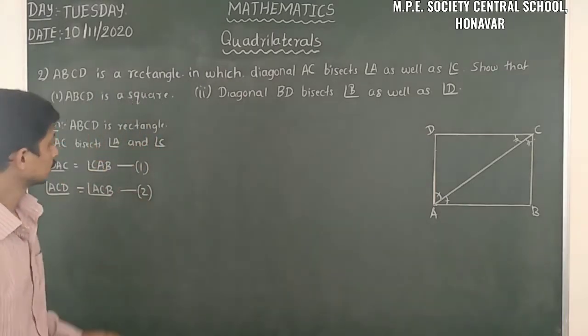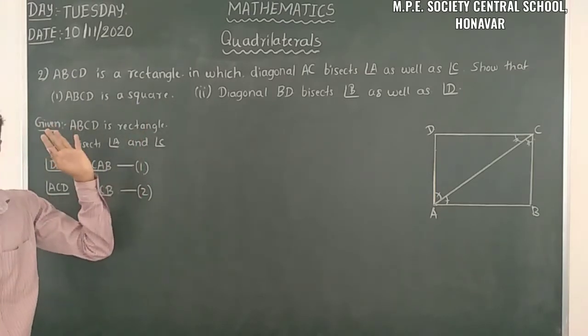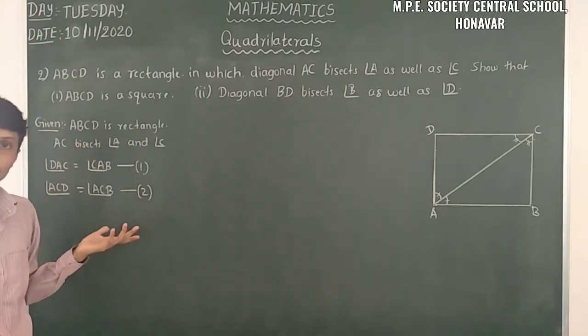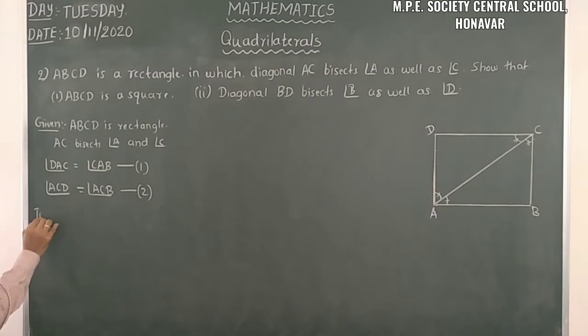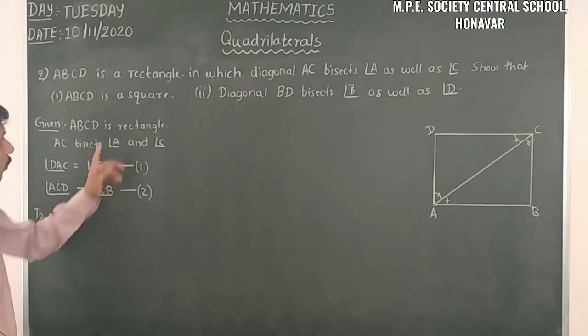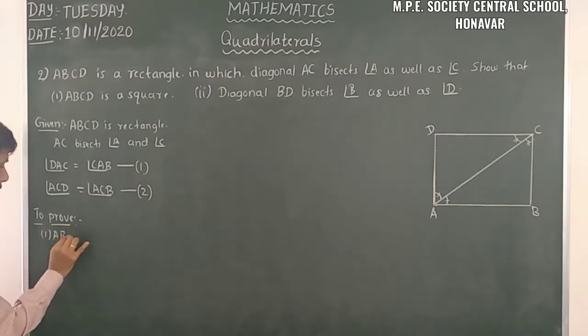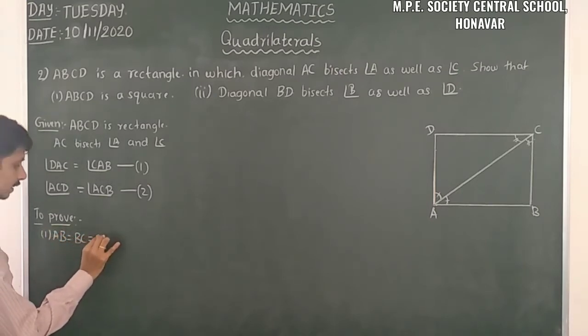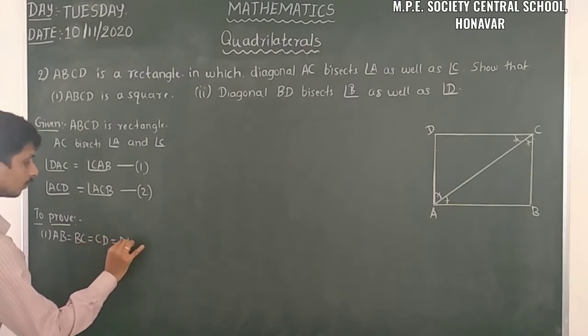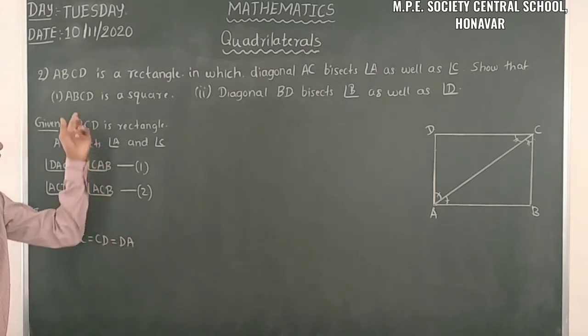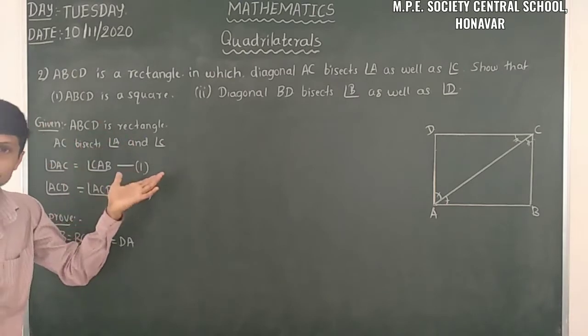So here we have this much. Then what do we have to prove here? Firstly, that ABCD is a square. For that we have to prove AB is equal to BC is equal to CD is equal to DA. When we have this, we can write the statement ABCD is a square.